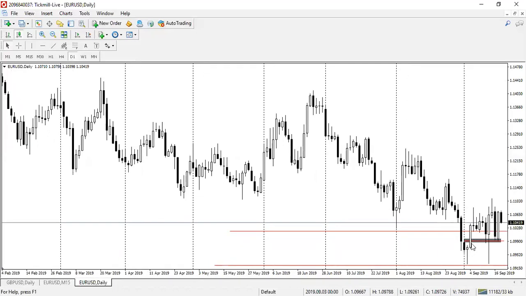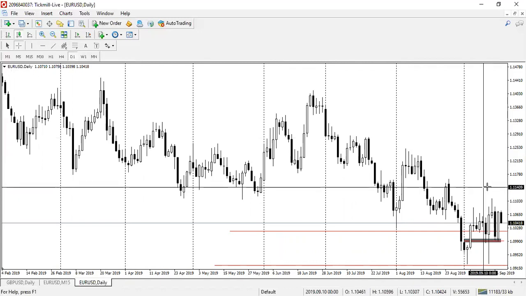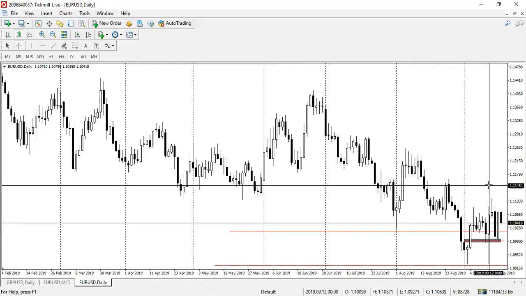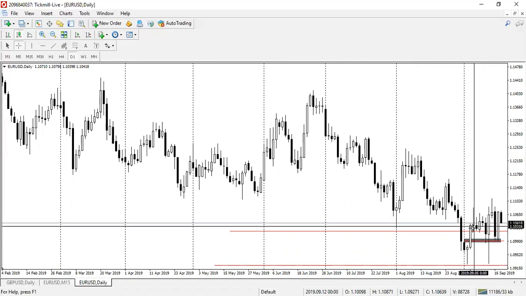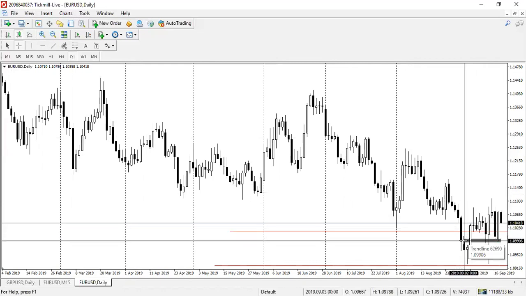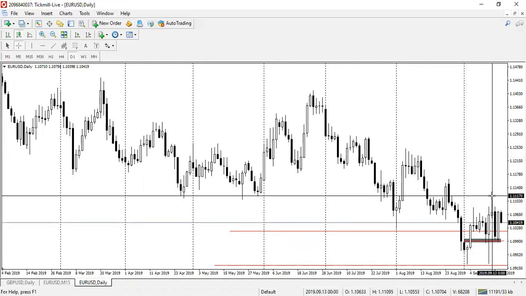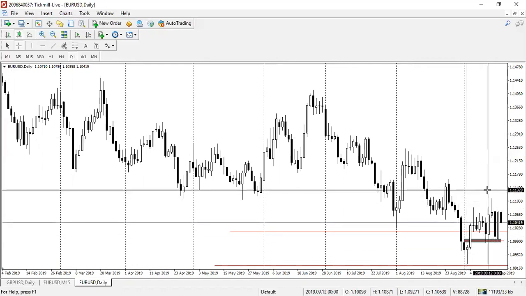Okay. So again, as I told you earlier, we shouldn't let candlesticks like this one blur our vision of this order block, because these huge candlesticks are used by market makers to cause panic and confusion in the market. We shouldn't let them blur our vision.